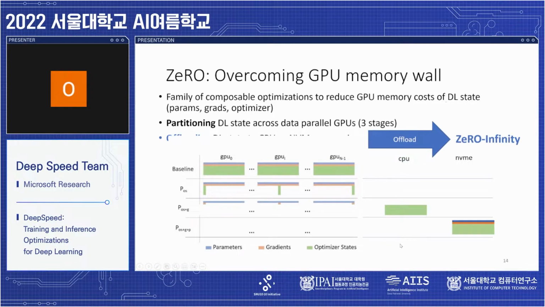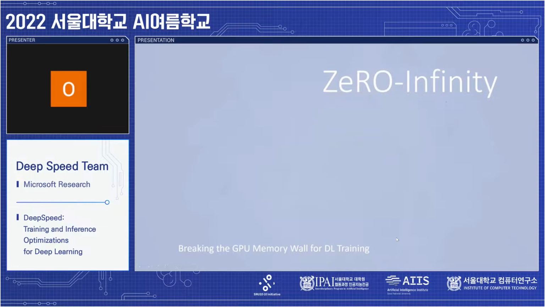The next technology we have here is ZeRO-Infinity, where we can now move the entire training states to either CPU or NVMe. We're showing NVMe here as an example, which means that for training, there's actually no GPU memory that is permanently consumed to hold the training state. Next slide, please. So I will talk a bit more about the ZeRO-Infinity technology to see how it helps to break the GPU memory wall for large-scale training.